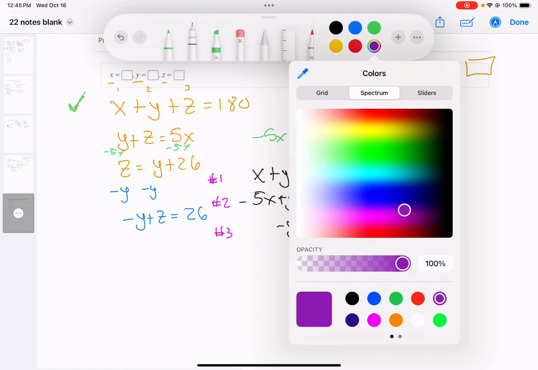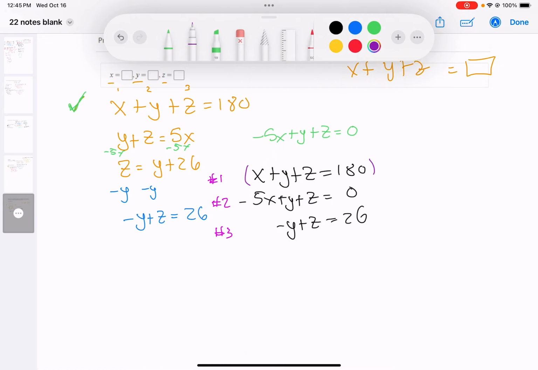If I take this first one and multiply it by 5, it's going to give me a positive 5x. I'm going to be able to get rid of my x's. So I've got 5x plus 5y plus 5z equals 180 times 5.